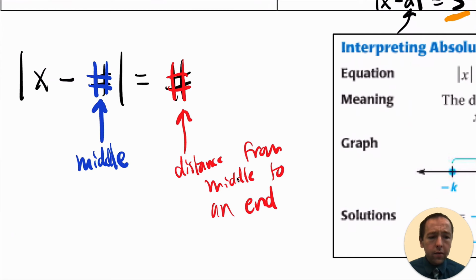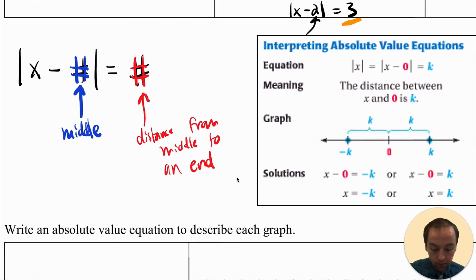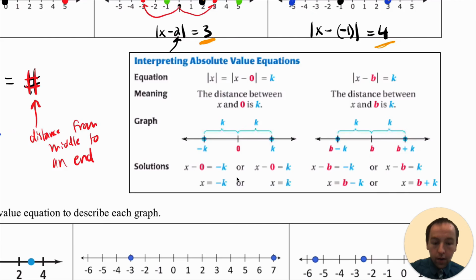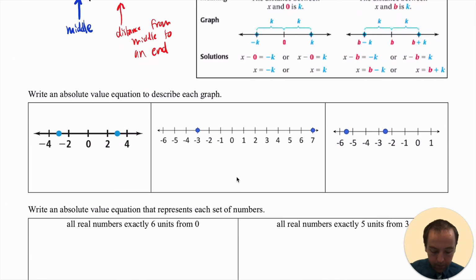We'll call that a different word a little bit later on as we talk about applications of absolute values, but for right now we'll just think about this in terms of graphical interpretations. This just shows you the same sort of thing in summary.